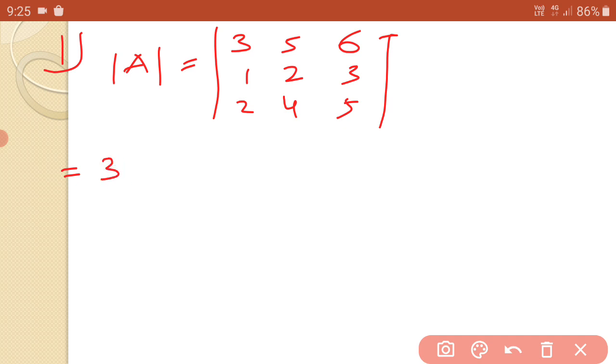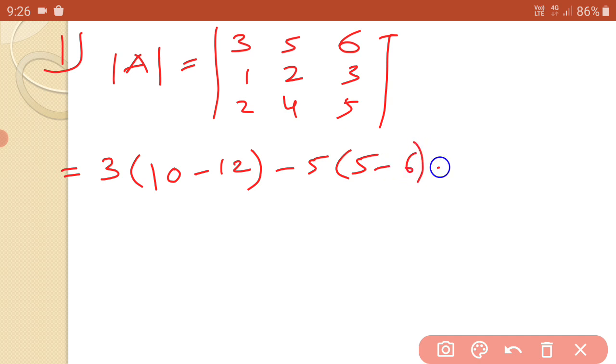All of you know: 3 into bracket, 5 2s are 10, minus 4 3s are 12. Then minus 5, 5 1s are 5, minus 3 2s are 6. Then plus 6, bracket 4 1s are 4, minus 2 2s are 4.